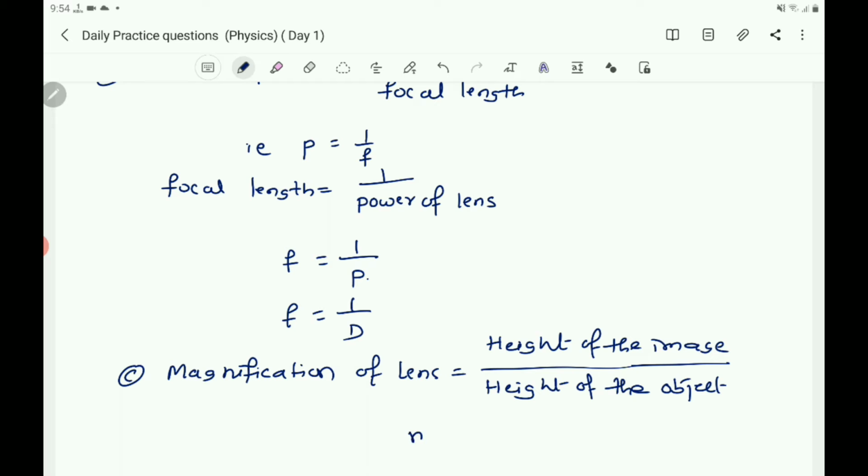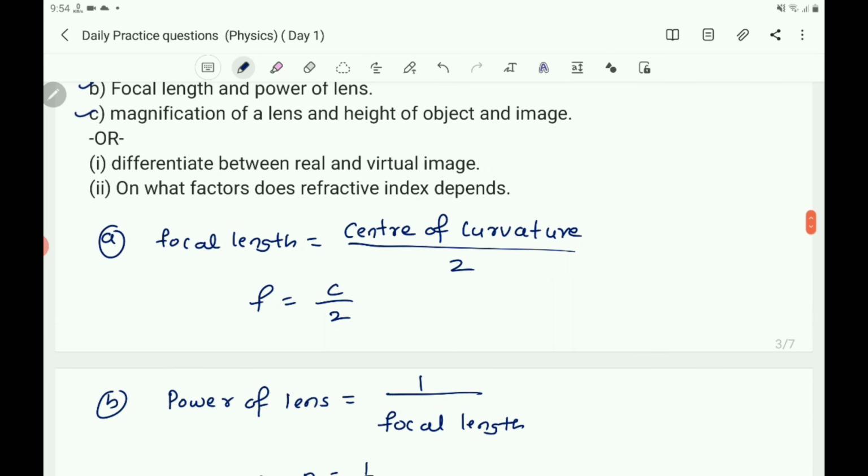Also you can write M equals H dash by H, where H dash is the height of the image and H is the height of the object, and M is the magnification. That is the relation you can write.